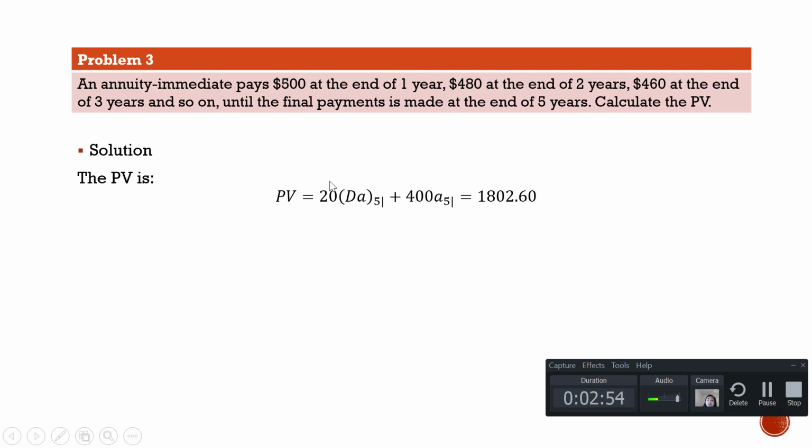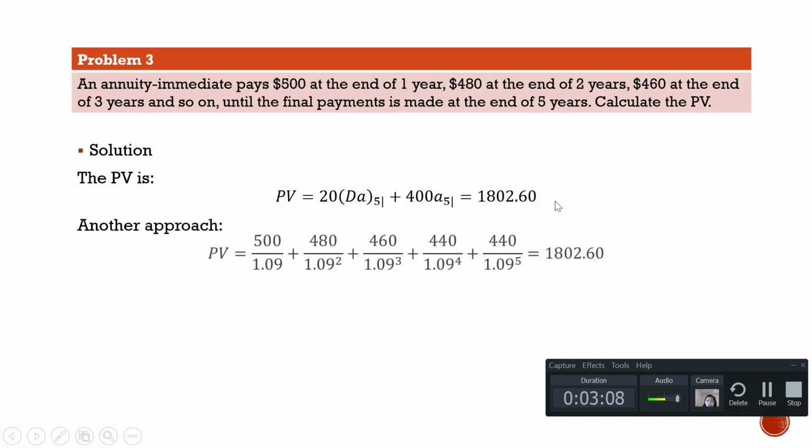So first we write out the term 20 DA, and the first payment is 500. But if we look at this term, the first payment is just 100, so we need 400 more. So we have 20 DA5 plus 400 a5, and the answer is 1802.60.